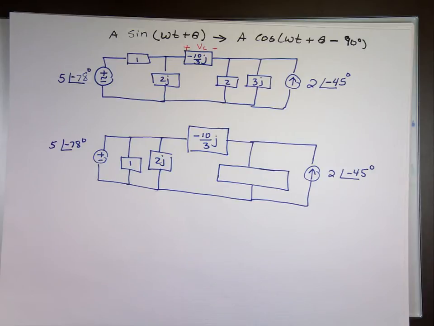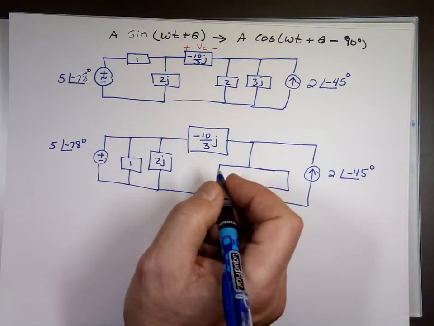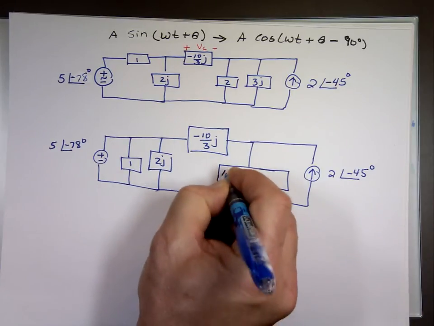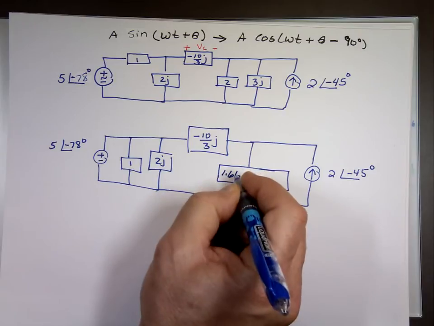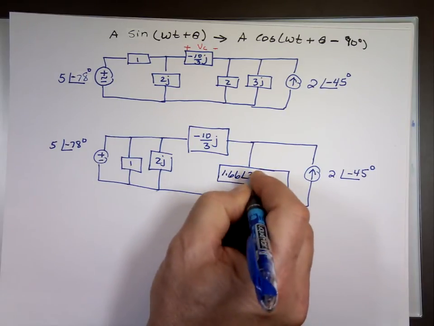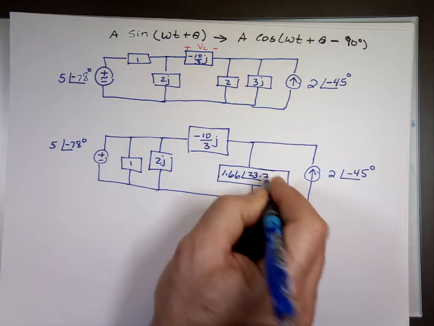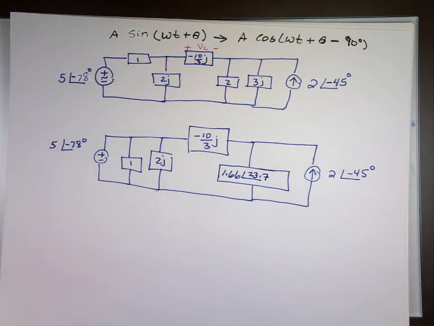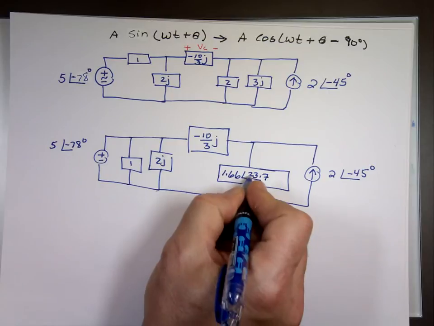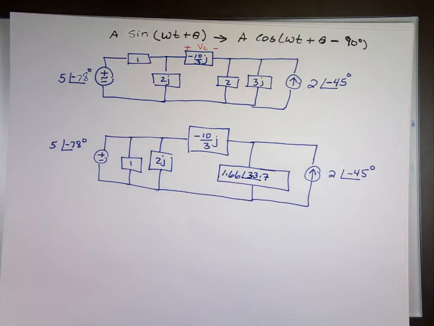My calculator always gives me an answer in polar. So I got 1.66 angle 33.7. My eyes are bad.